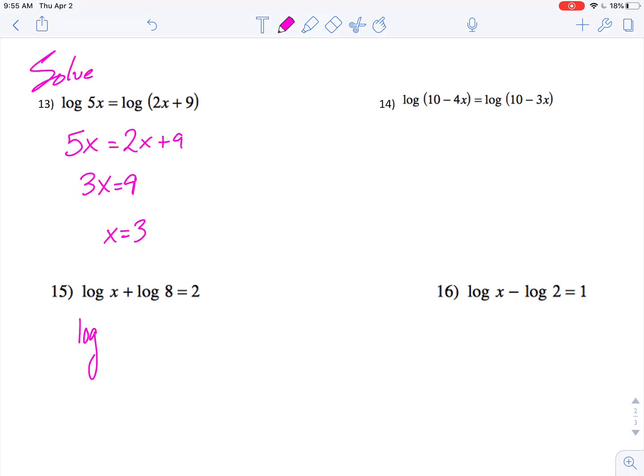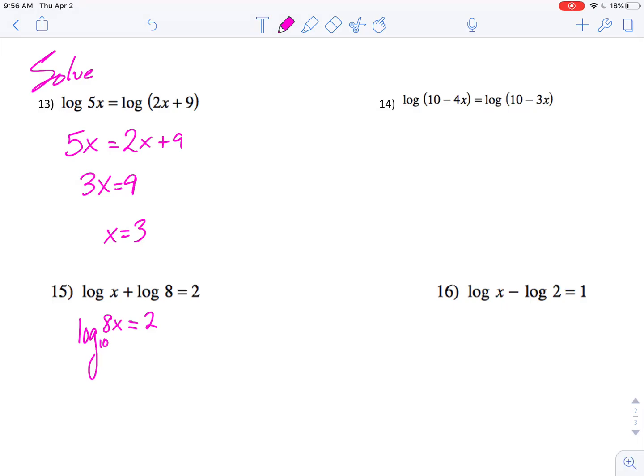So let's do that. I've got addition in the middle, same base for these logs. So I'll write this as a single log. And since I'm adding, then I can just multiply the two parts there that are inside the logs. So x times 8, or 8 times x, equals 2.